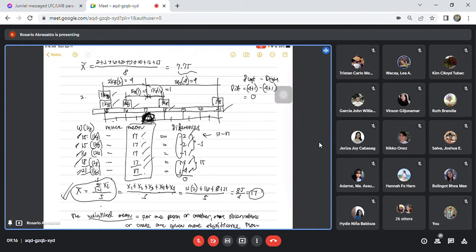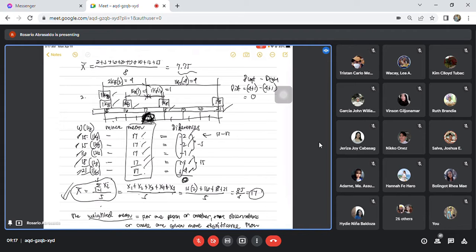So, if you add the differences, or the summation of the differences of each term or weight minus the mean, then considering the sign, the result is 0.